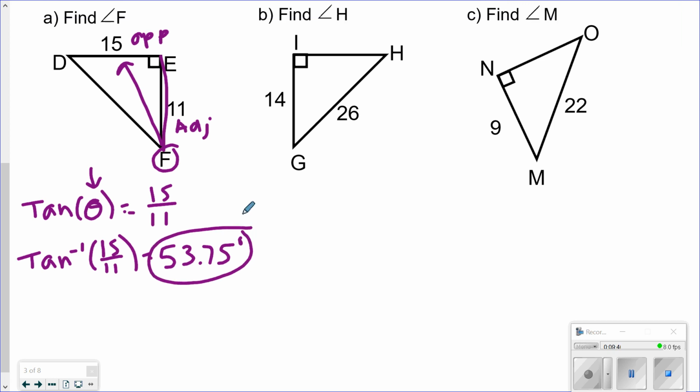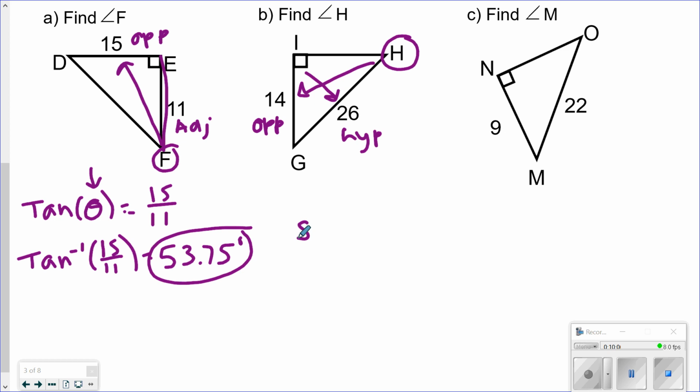For number 2, or for letter B, we want to solve for h this time. Now looking at our two side lengths, I have this opposite side, and I also have a hypotenuse. So opposite and hypotenuse is sine.